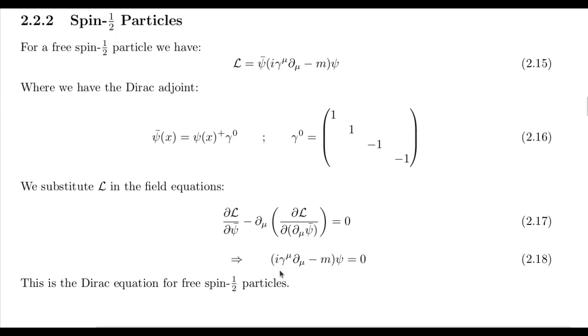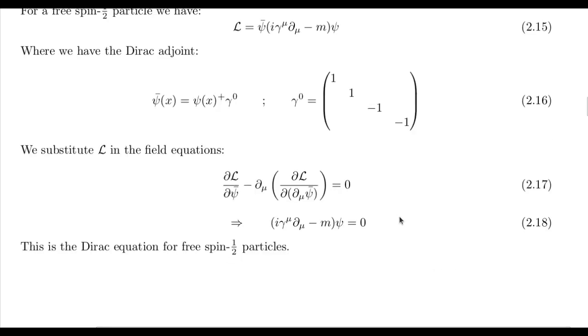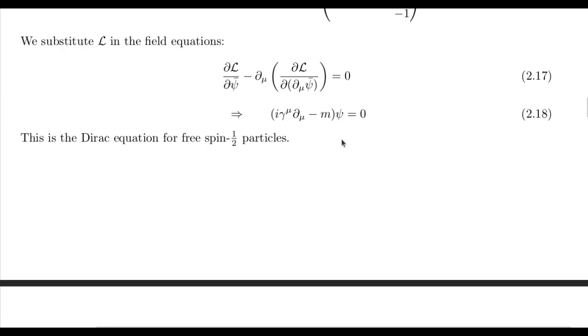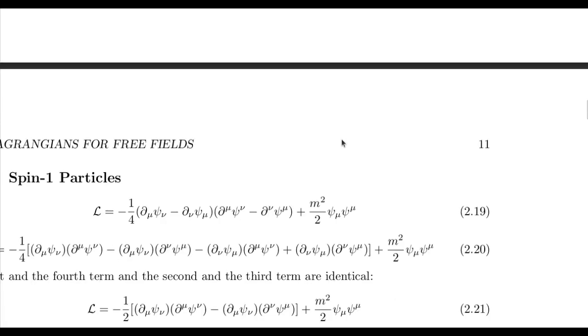So we get this one, and so we get the Dirac equation for spin a half particles here, 218. That should be clear from the lecture series in relativistic quantum mechanics.